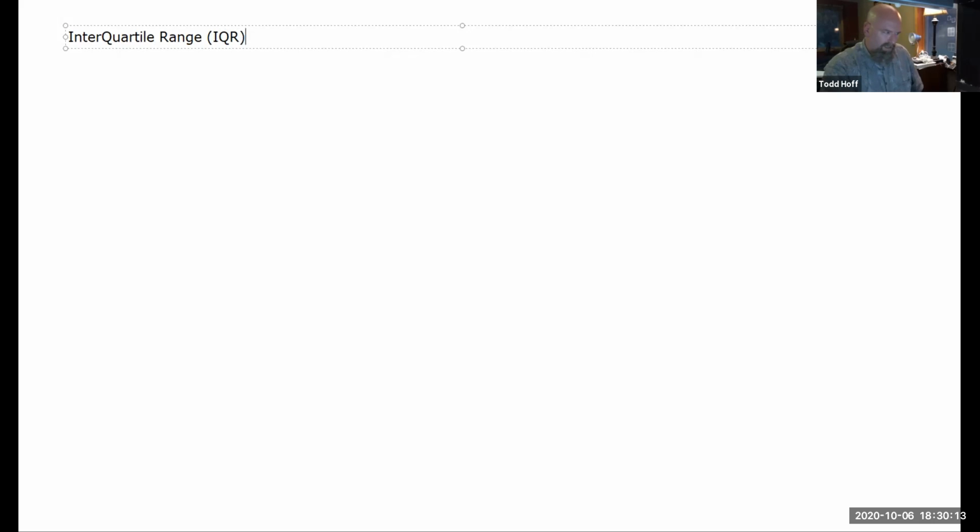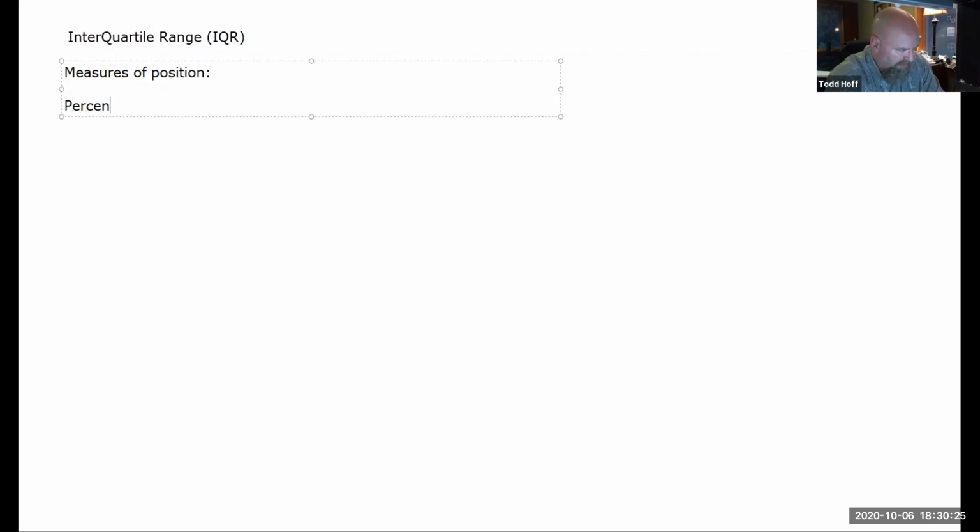So we're going to talk a little bit here about measures of position or location within the data. The most common one that I'm going to talk about is the percentile. Percentile is the percent of data smaller than a certain number.